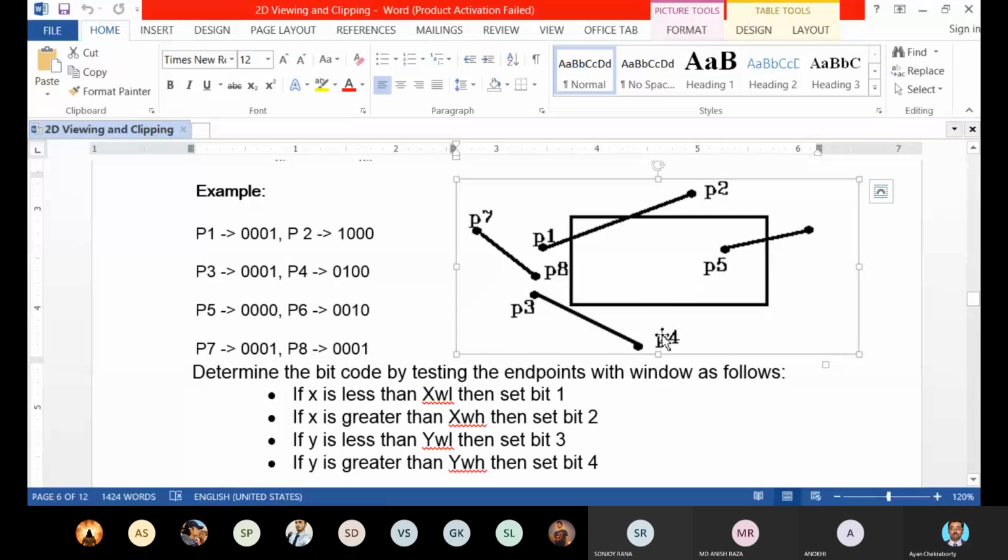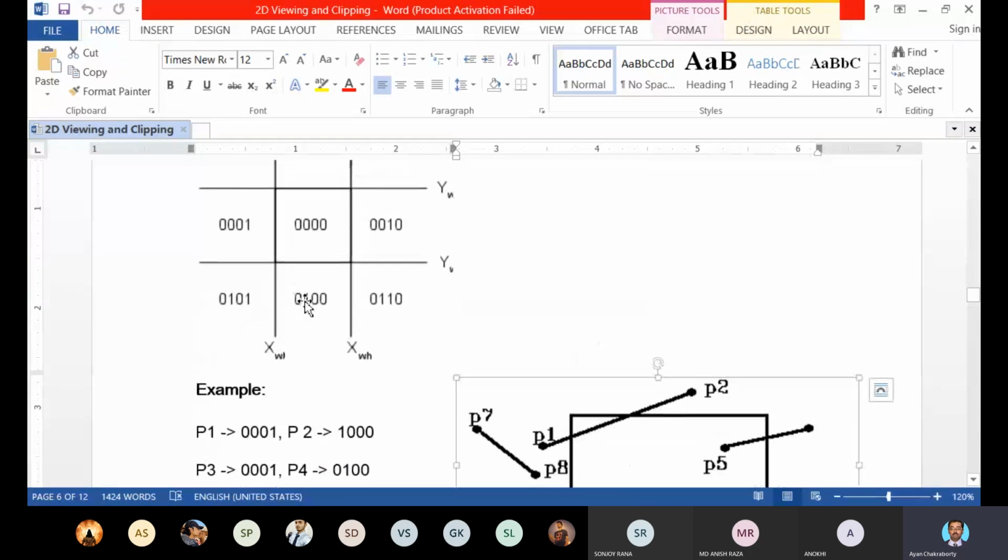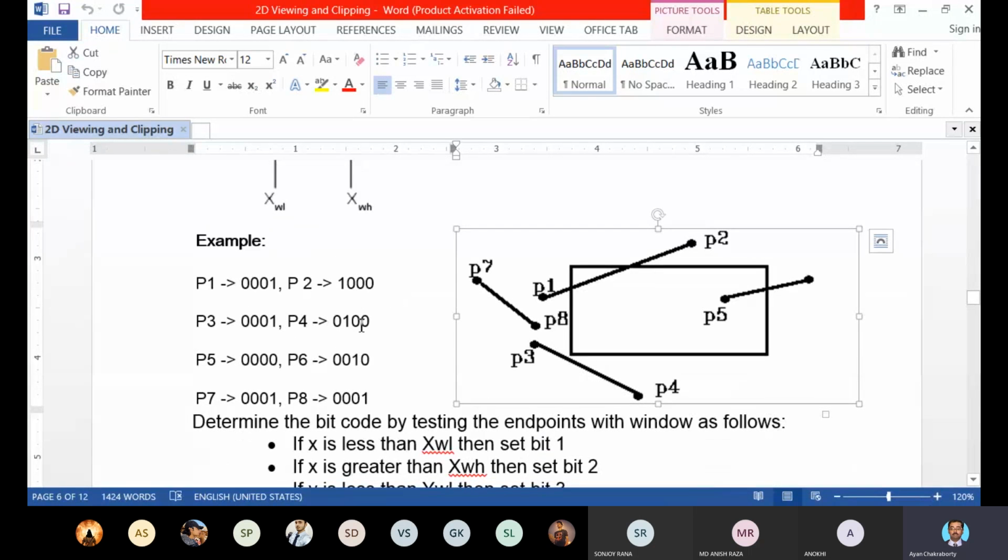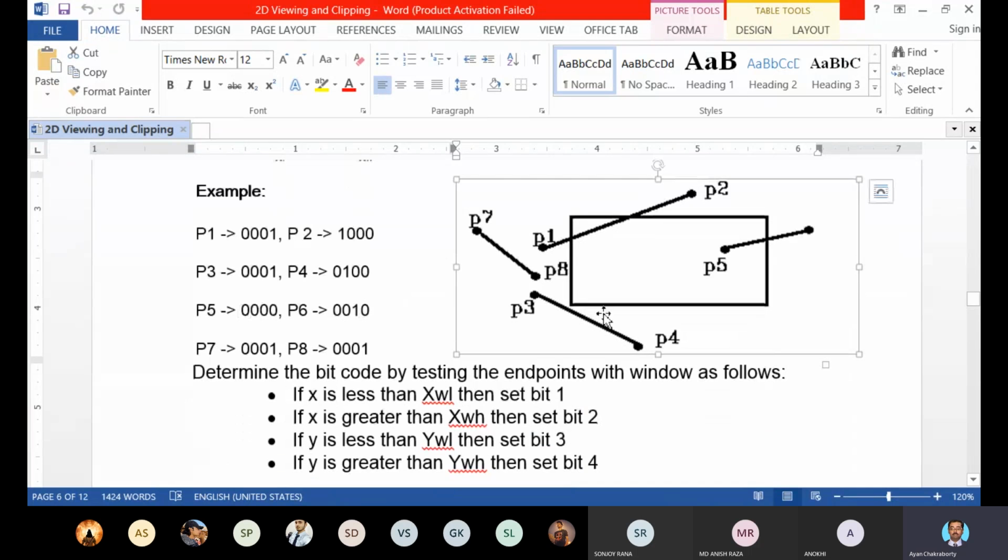P4 is in south region, so P4 has been denoted by the region code of south region, that is 0100. Now P5 is in central region, so P5 has been denoted by 4 zeros.